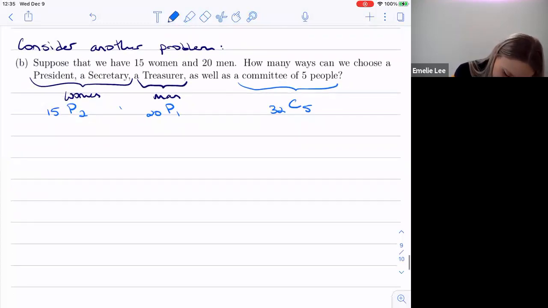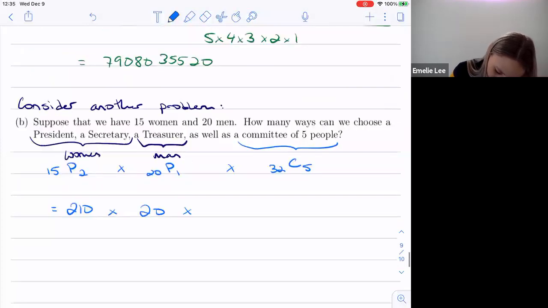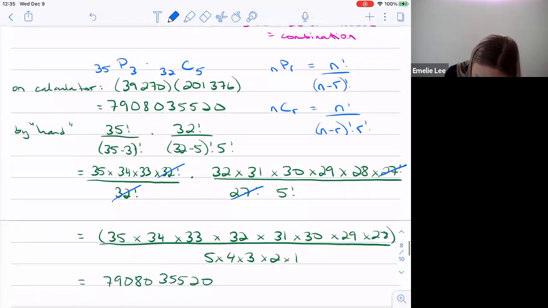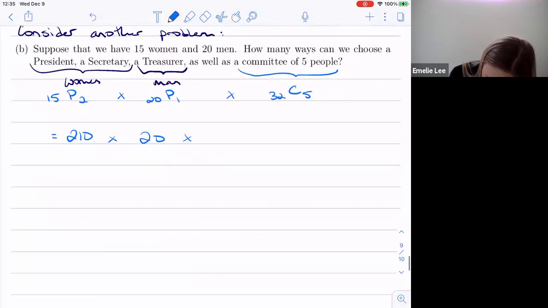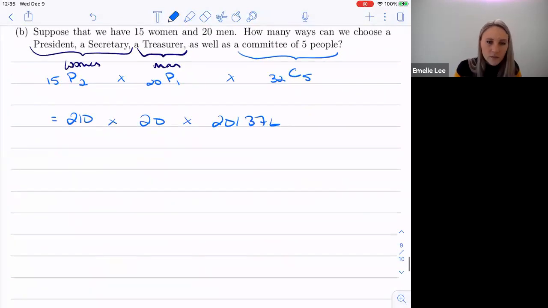So multiply these, right, and using my calculator, 15P2 is 210, times 20, times whatever this was, 201,376. Yeah, just show your work. If you've done this and you go straight to here, I'm assuming you've used your calculator.